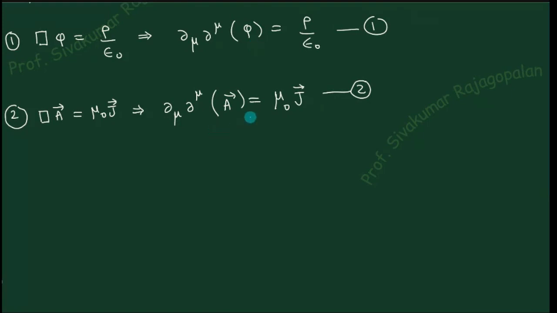How can we do it? There are three components of the space part. I will say spatial. Spatial means the space part. So if equation 2 contains the space part, then we think that equation 1 should contain the time component.